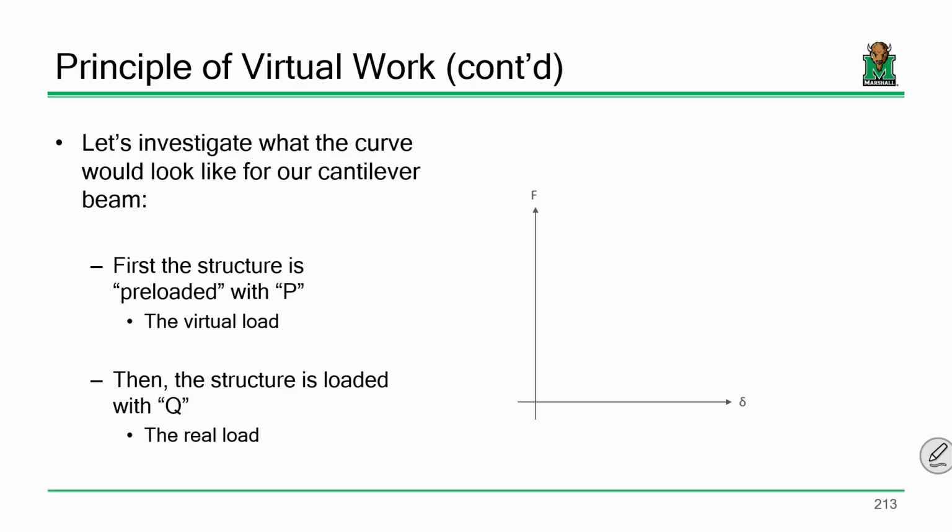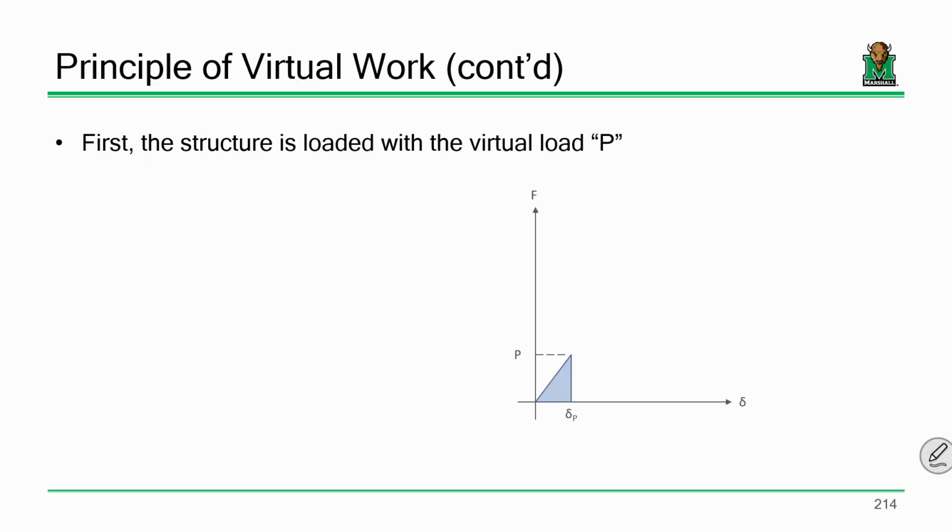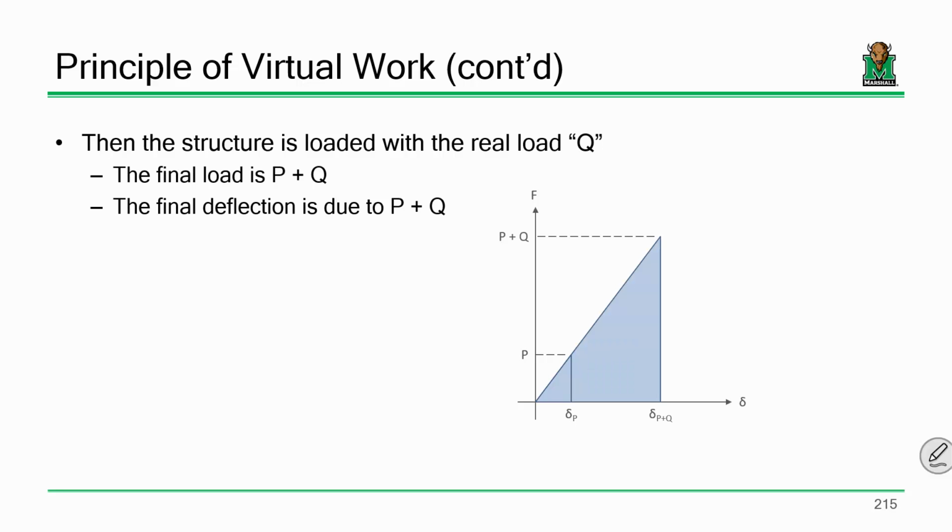Everybody good? So here's the load deformation curve. That's the preload. So I put some load P on there. It responds with some deflection, delta sub P. Then I put the real load on there. Think about this as if it was a graph. I put a little bit of load, then I put my real load. So when it's all said and done, the final load on this curve is P plus Q, right?